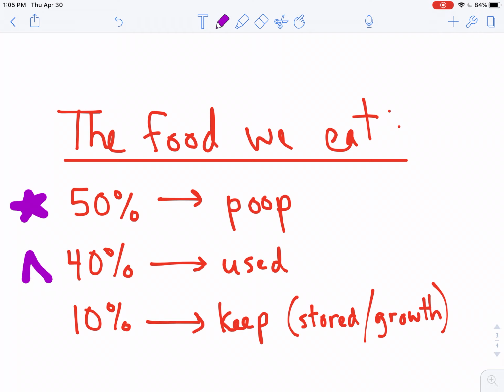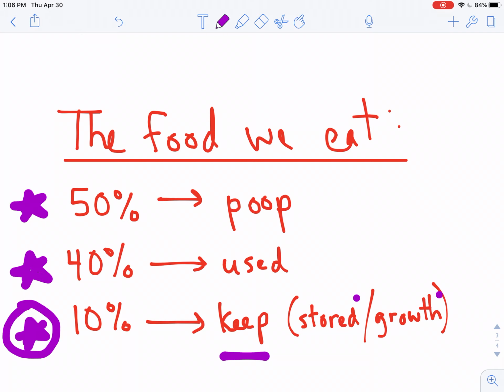But look at what is left over. About 40% of it is used for when we do all kinds of things. When we walk, run, talk, move, anything that requires energy, we use the energy from our food. So 40% is gone for that. That leaves us with only 10%, and that's the special one, because that means that only 10% of the energy that we eat, we actually keep inside our body, which we can store in our cells or we can use to grow.